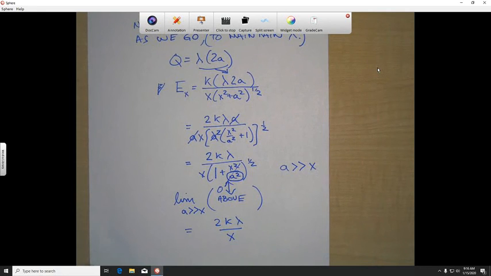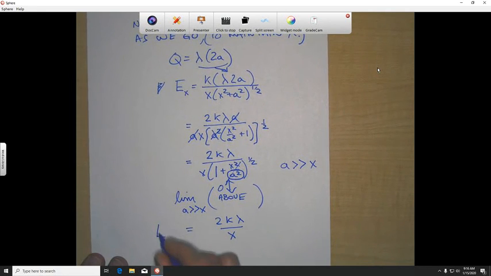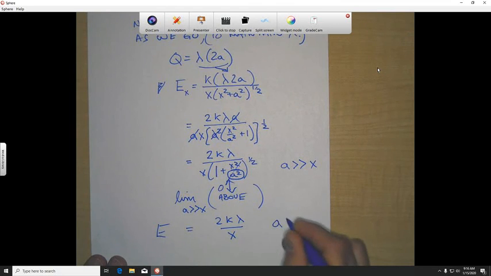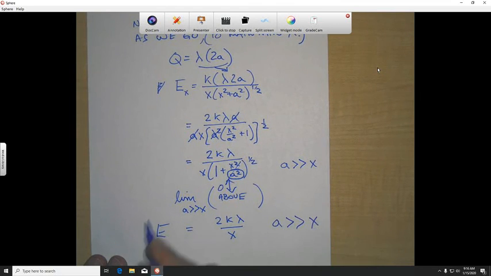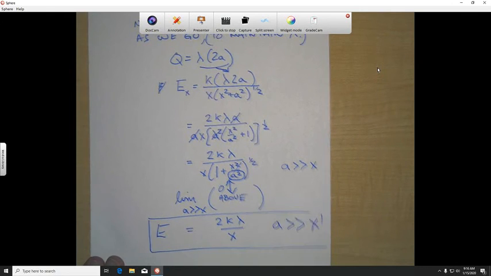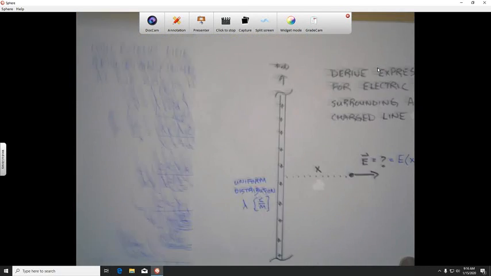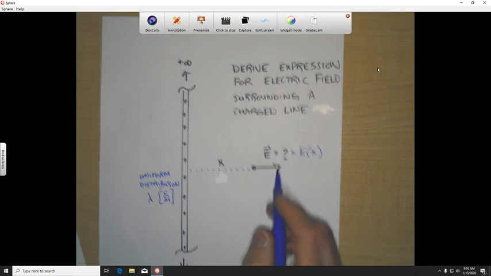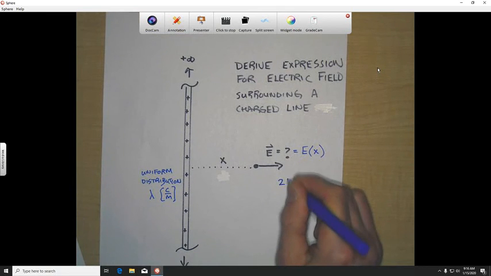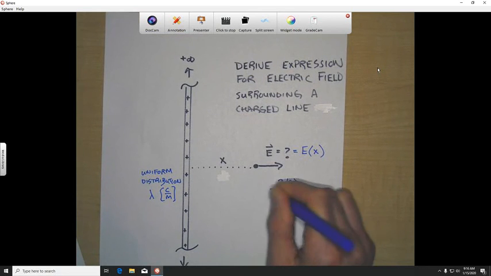Okay, so this is going to be the electric field when a is much, much bigger than x. And that, in fact, is what we wanted to get at the very beginning of this derivation, is to find out how that electric field varies. So now we know that it's going to be 2k lambda over x.